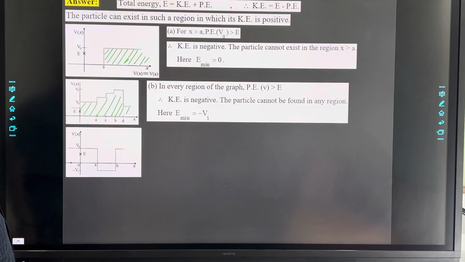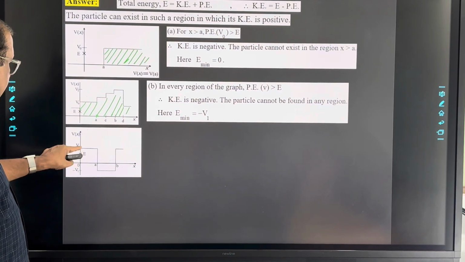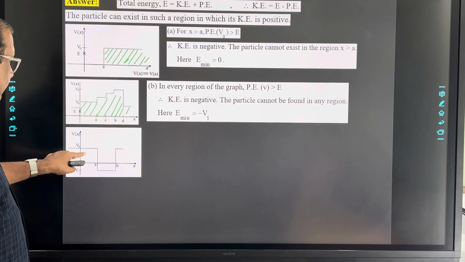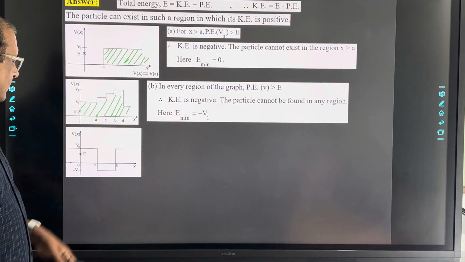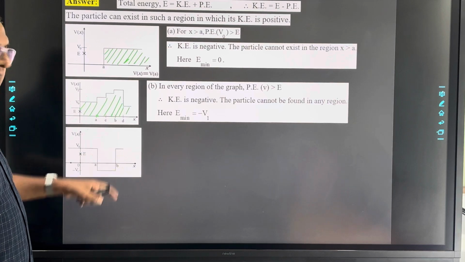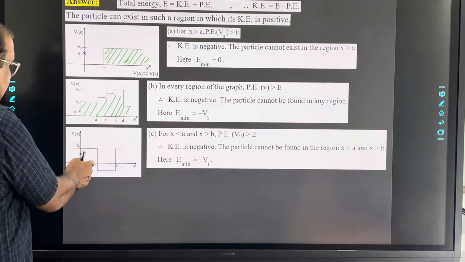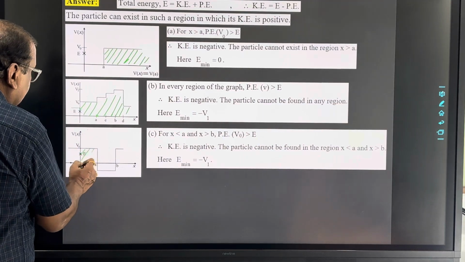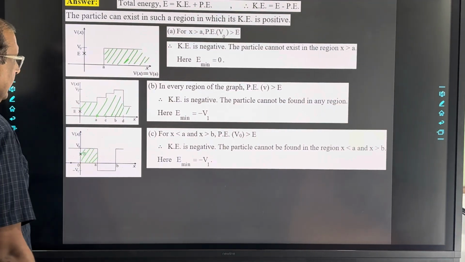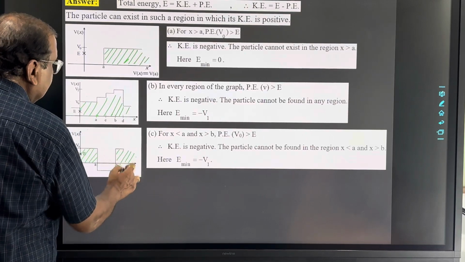So see here, in this particular region, E is less than the potential energy, and in this region also it is less than the potential energy. So here we can say x less than a means in this particular region, and x greater than b means in this region.